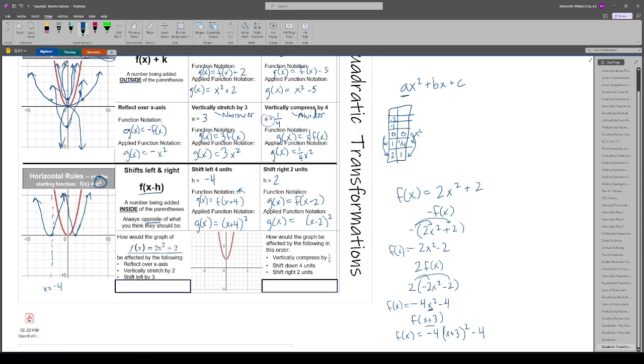So we didn't change anything about that last one except the x, because the horizontal transformation only changes x. It doesn't change a or k. So that's our final version, we'll call it g of x since we changed it so much. G of x equals negative 4 times (x plus 3) squared minus 4.